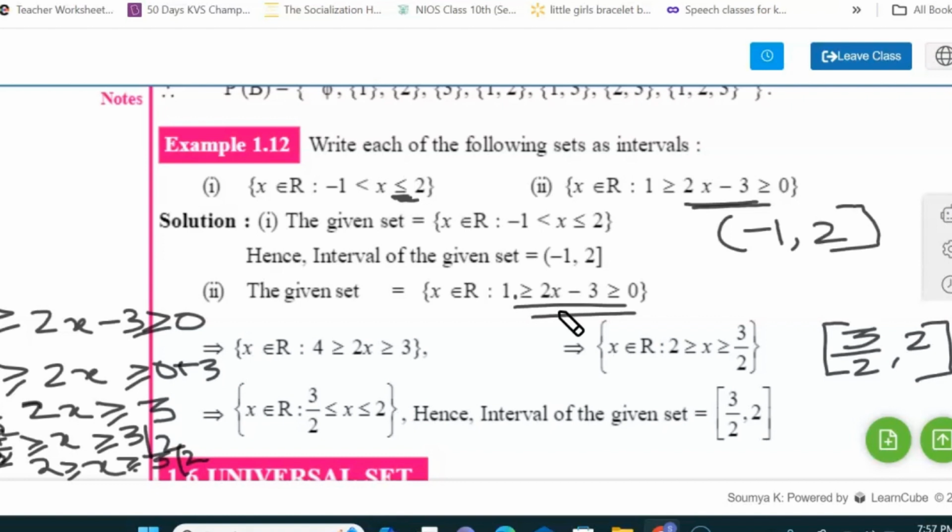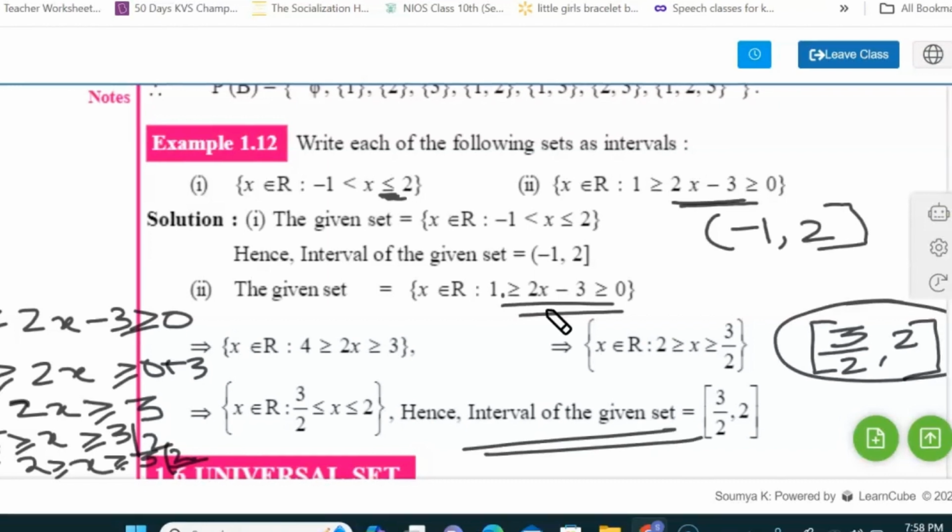If you see, 3 by 2 is the smaller number, so start with that and go till 2. So this is the answer for this particular question.